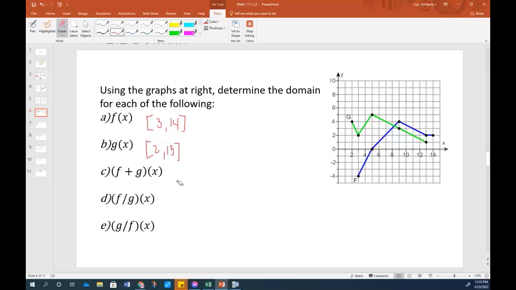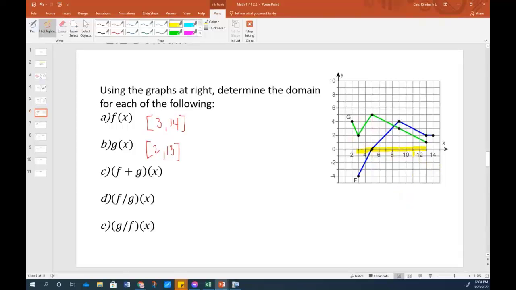All right, so what happens when we try to add these together? Well, I've mentioned and somewhat illustrated on the other slide, you can't combine them unless they're both occurring there. So if you look at where these both occur, you're going to go from here to here, and that's where their overlap happens.